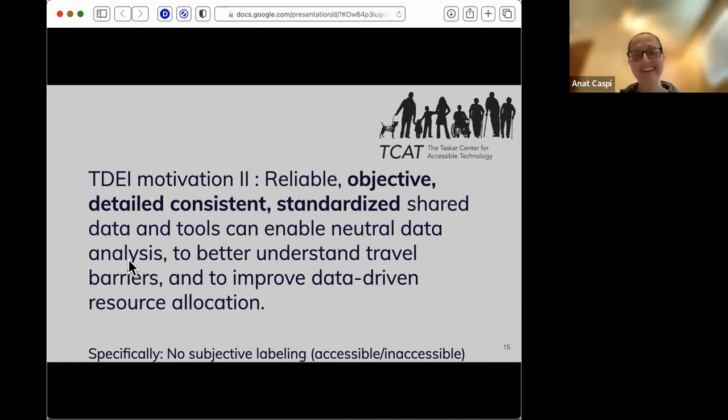The other part is that they are really promoting people to make very subjective assessments about an accessible bathroom, for example, but accessible to whom? Is there any training? Are you expected to have any lived experience of what makes an accessible bathroom in order to say that it's accessible? All these concerns about who's empowered to make these labels, and who we are talking about when we talk about accessibility.